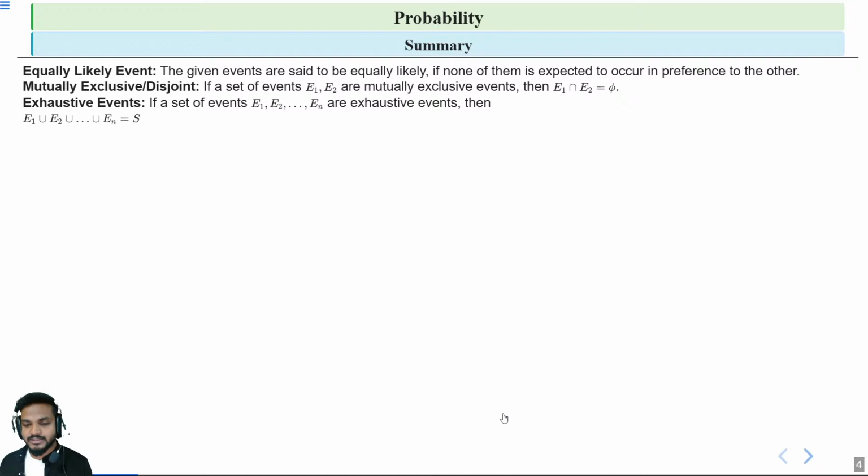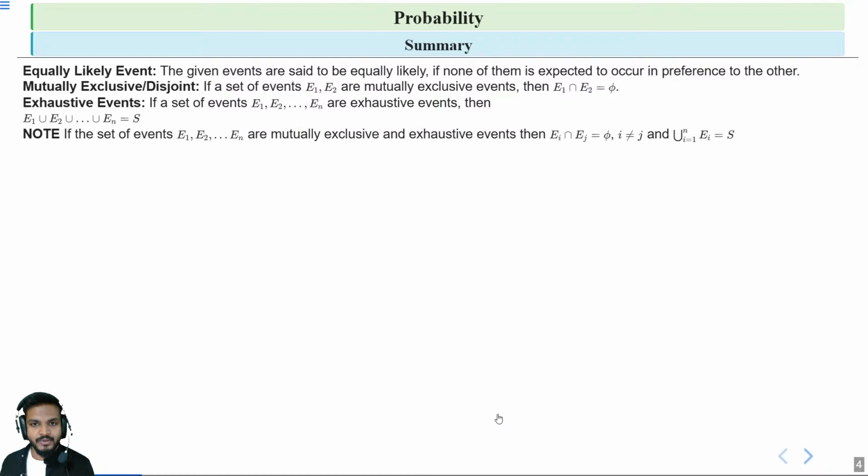Then we say events are exhaustive events. Okay, and a set of events are mutually exclusive and also exhaustive if Ei intersection Ej is phi for i not equal to j, and also the union of all Ei is your sample space.